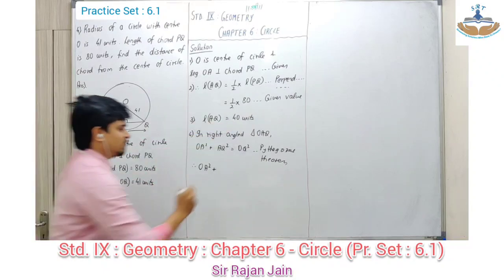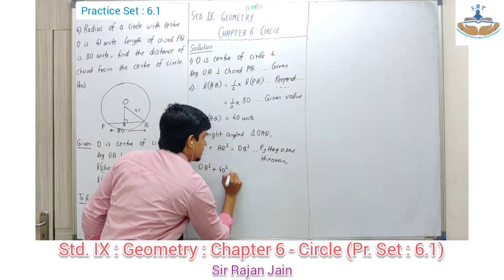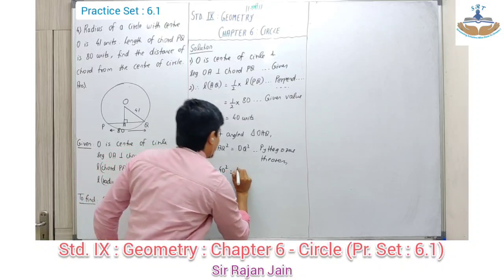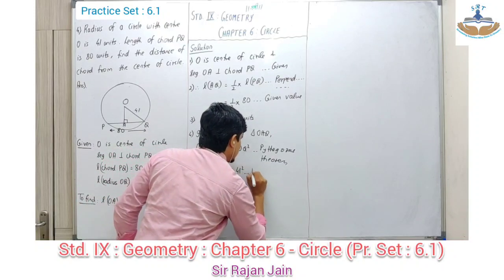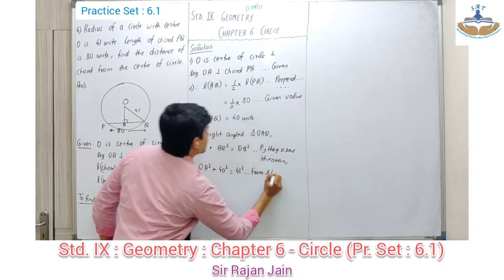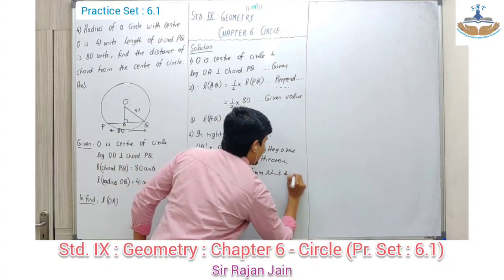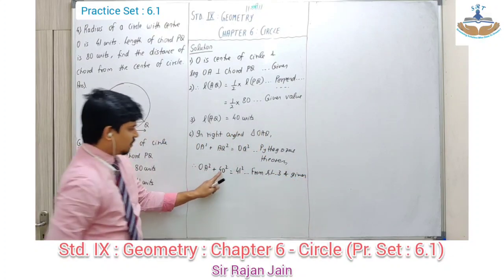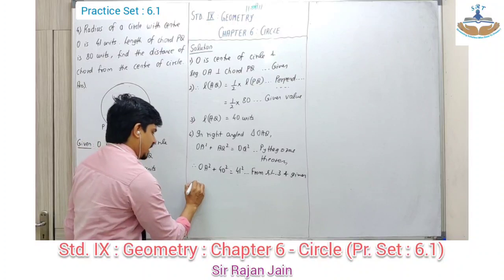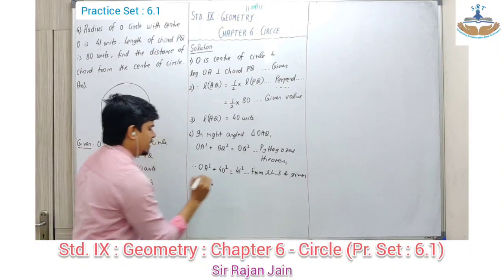AQ we got as 40, so here I write 40 square, and OQ is given in the question as 41 square. So reason will be from step number 3 and given. This is from step number 3. This is given.